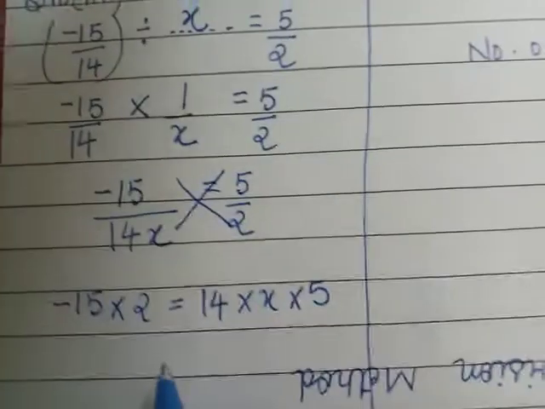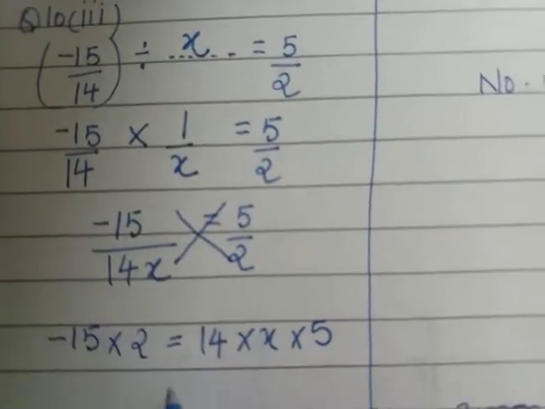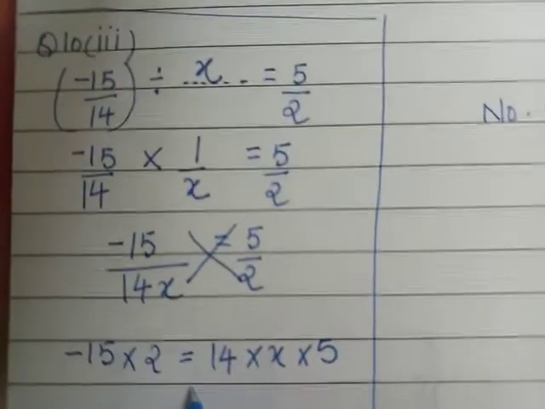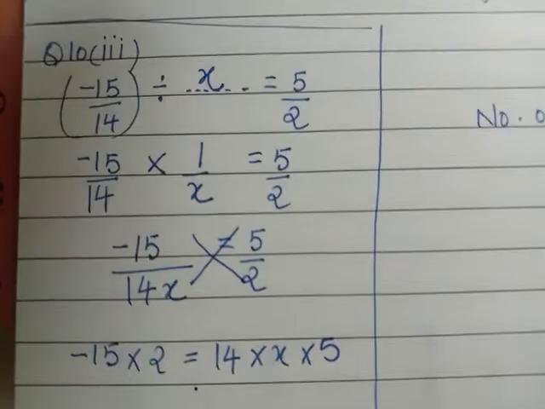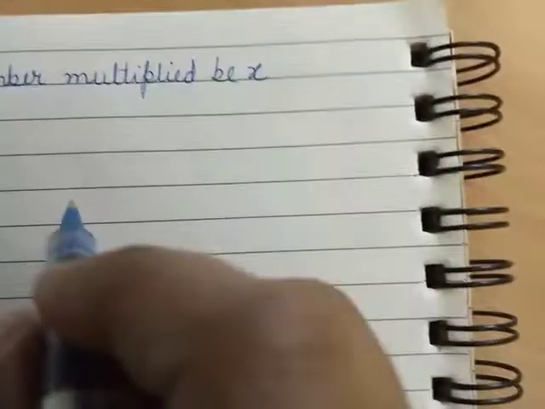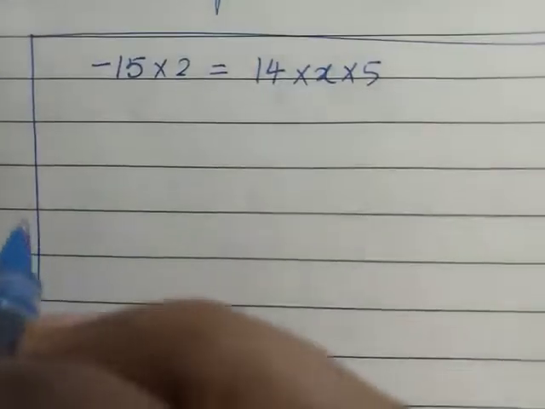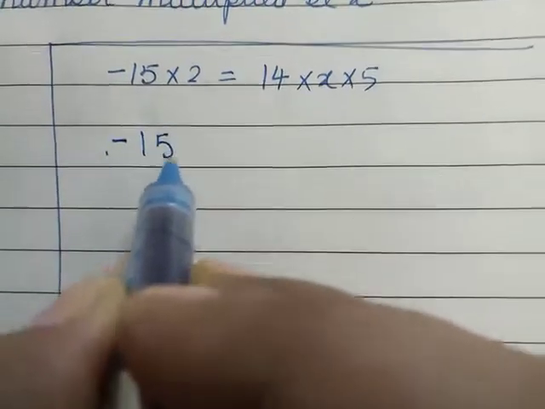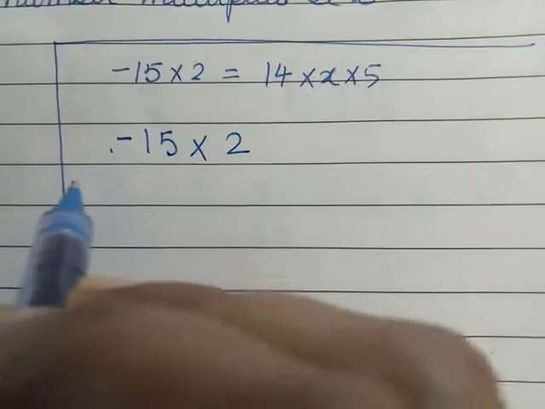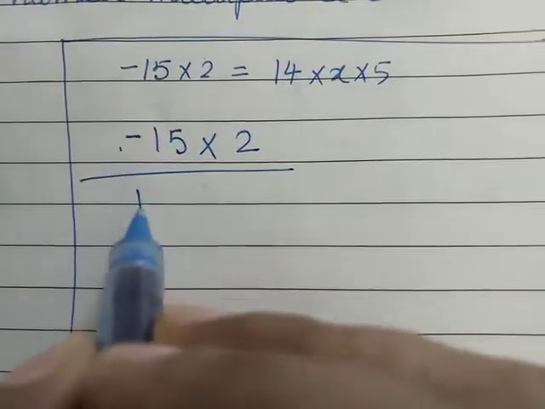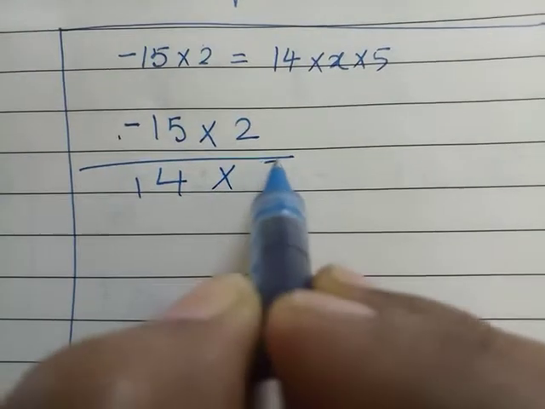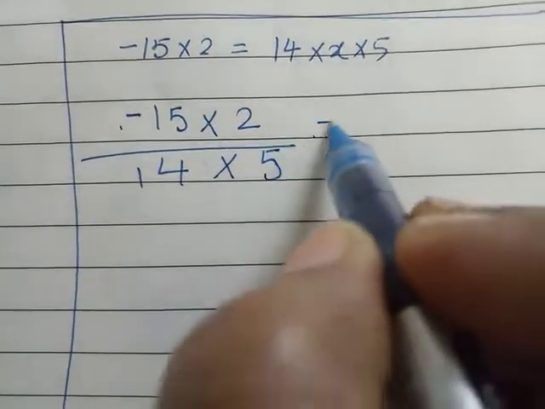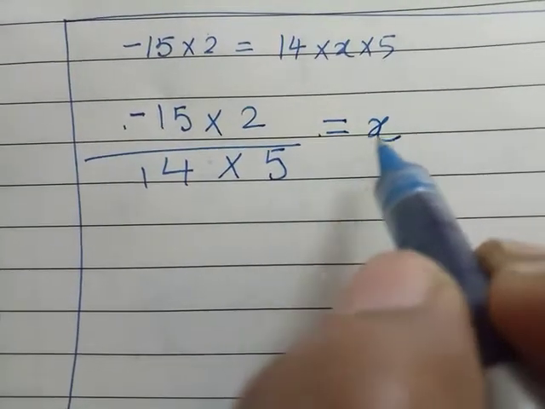Now we are looking for the value of x. So what you will get? I do it here. So this is the expression. I solve it. So what we'll get? 15 into 2, this 14 will come in the division, as well as this 5, is equal to x.